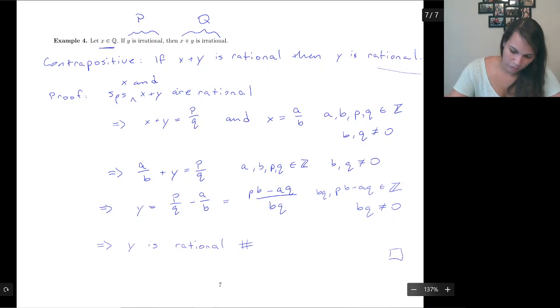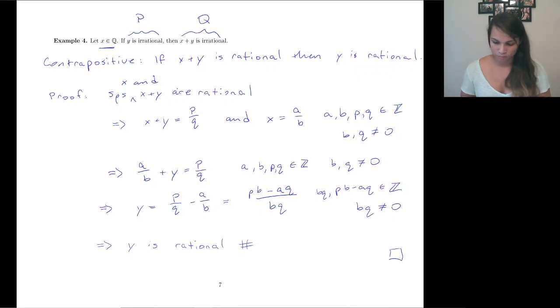That is exactly where we wanted to get, because that is the not P for our contrapositive statement. Thus, the original statement is also true. All right, so that's all we have.